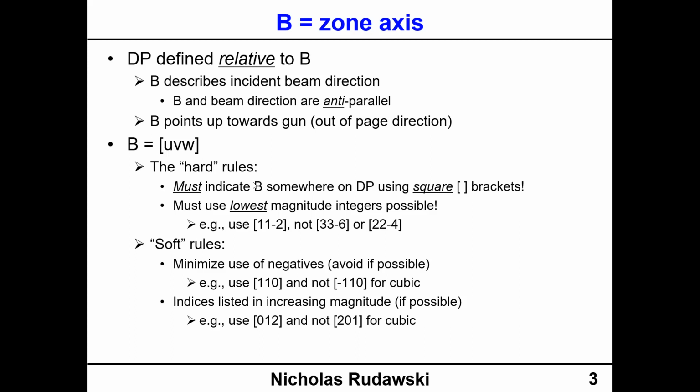Okay, so if we're dealing with a cubic crystal, the dot product for two orthogonal G vectors is very easy, okay? So it's simply H1 times H2 plus K1 times K2 plus L1 times L2 equals 0, okay? Standard dot product formula, okay? Things get more complicated if we're dealing with a non-cubic crystal, which could be a video in and of itself entirely, which we're not going to deal with today. We're going to assume that we have a cubic crystal just to make things easier to start with.